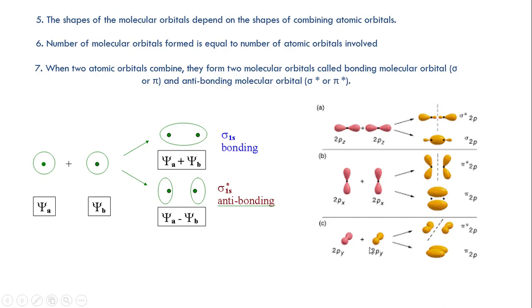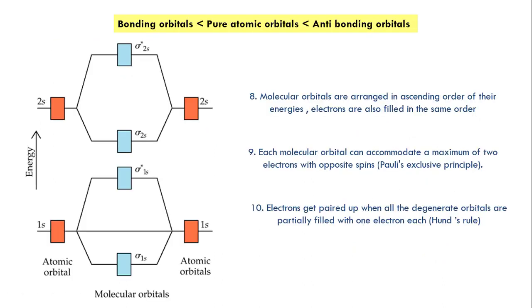These bonding molecular orbitals always have less energy than the pure atomic orbitals, and anti-bonding orbitals always have more energy than the pure atomic orbitals. So the energy of the pure atomic orbitals lies in between the bonding molecular orbitals and the anti-bonding molecular orbitals.